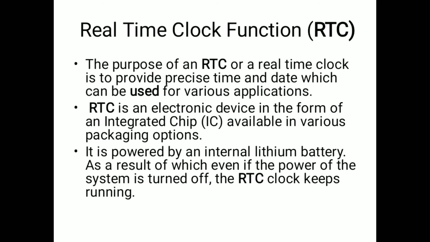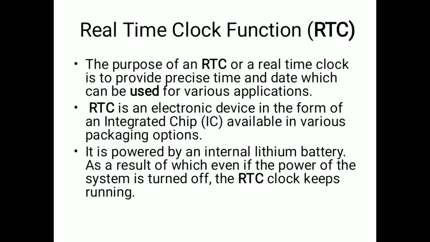The next is the real-time clock function. In a clock function, we know we have a clock in our homes with hours, minutes and seconds. Similarly, nowadays we have mobile devices or computers in which we have a calendar. In that we can set our year, month, days, and then different timings: hours, minutes and seconds.